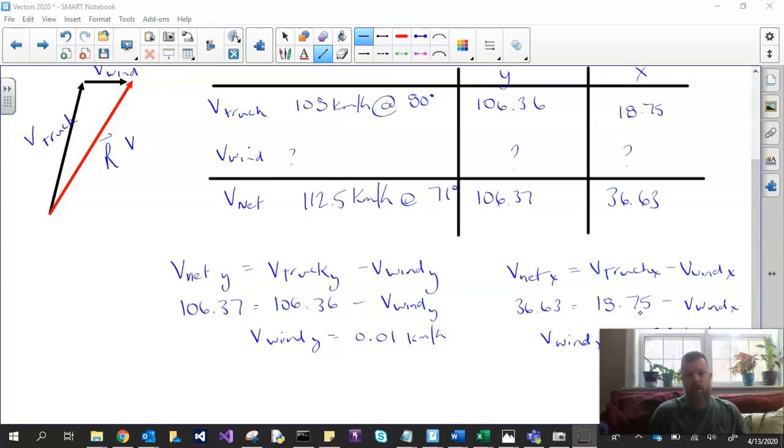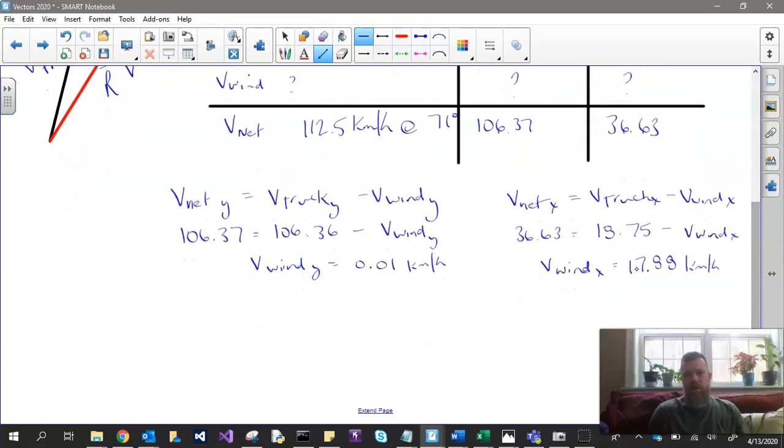So I've gone ahead and crunched the numbers in here. So I did the subtraction and I found the velocity in the y direction is 0.01 kilometers per hour. So it's basically probably just a rounding thing here with this degree, but we're going to use that just to kind of discuss this question. And I've done the x value.